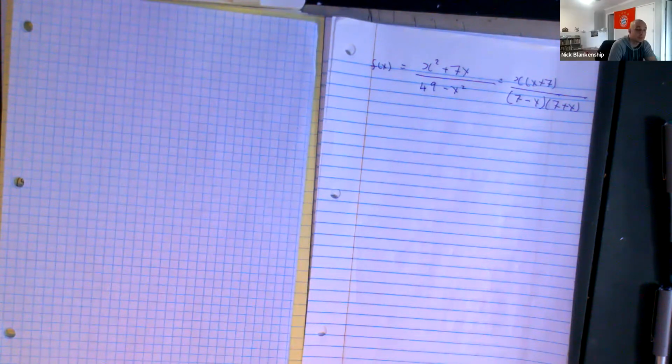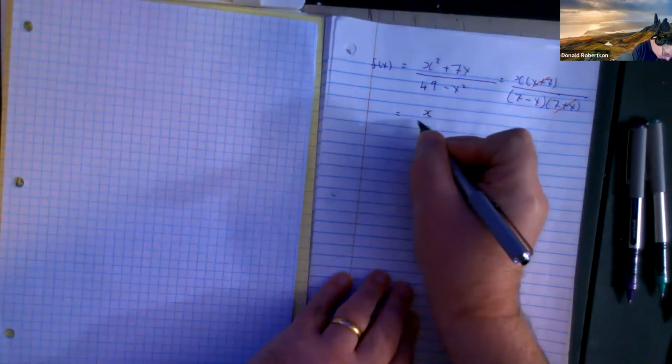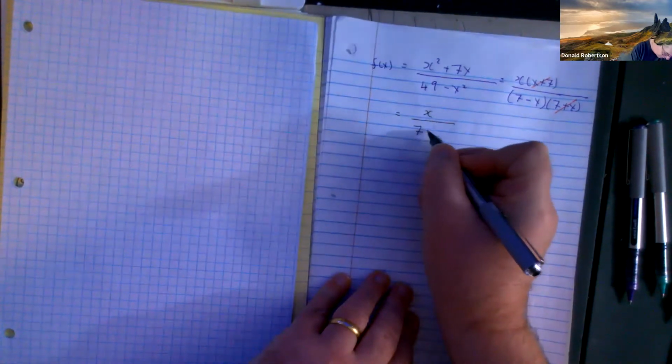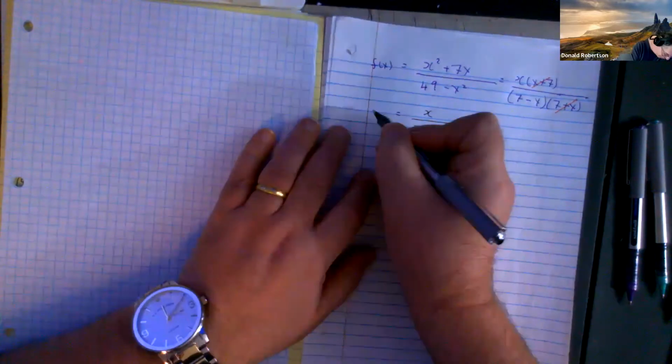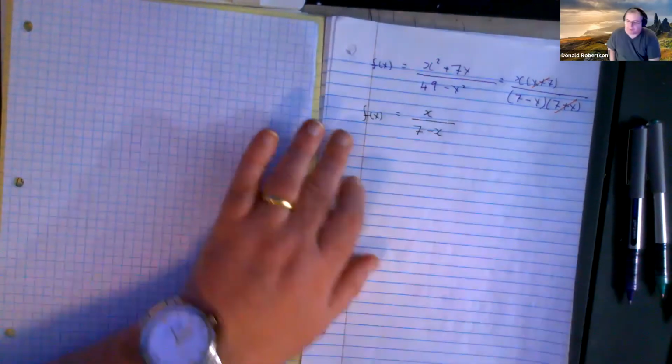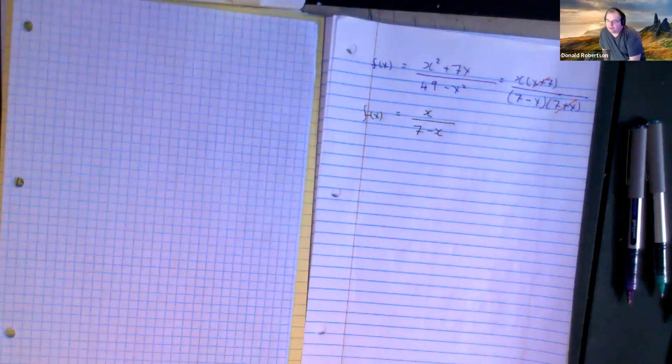Divide by x plus 7, 7 plus x. Yeah, because x plus 7 and 7 plus x are actually the same thing. So that was worth doing, because all I need to do is sketch that guy. And would you agree, anything that's simpler is going to be easier in the long run, right? That fraction is going to be a lot easier to differentiate and all the other stuff, right?